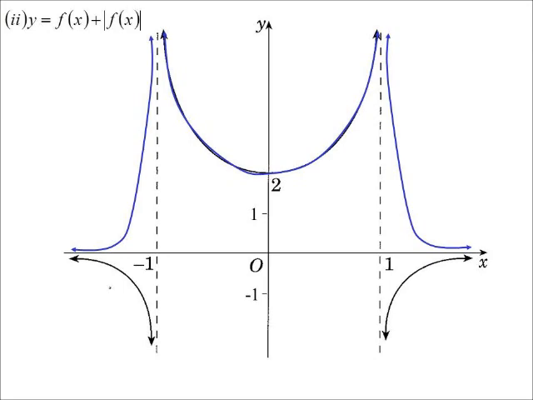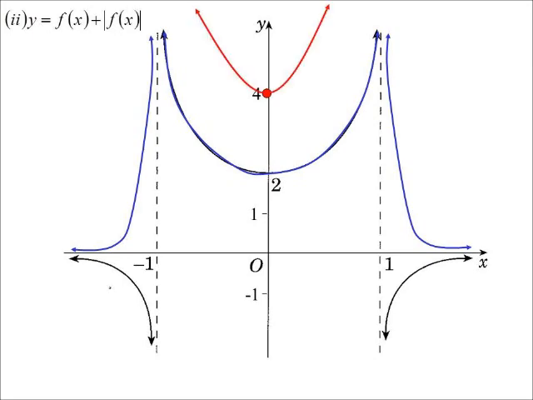So the section in between -1 and 1, that'll stay the same, but those two, well, let's call them hyperbolas, will reflect up. I'm going to add these two things together. So in between -1 and 1, I'm going to have twice the value of that curve. So all those y values will double. So I know that 2 will go up to 4, and I'll get some sort of U shape.